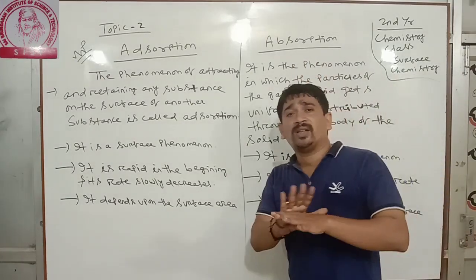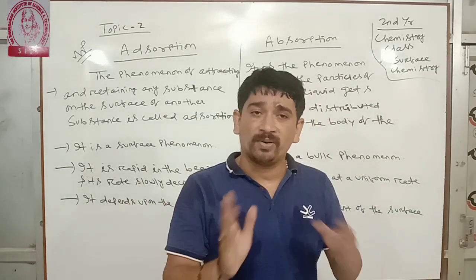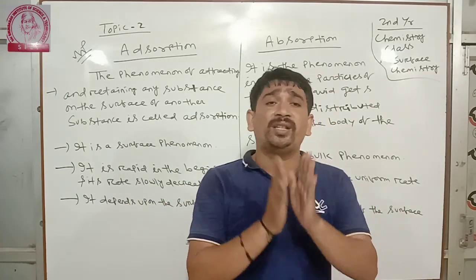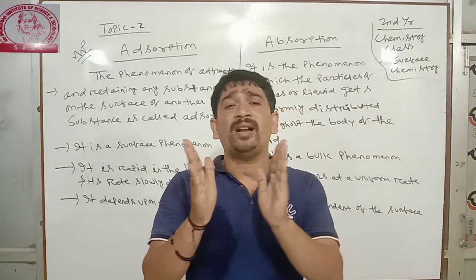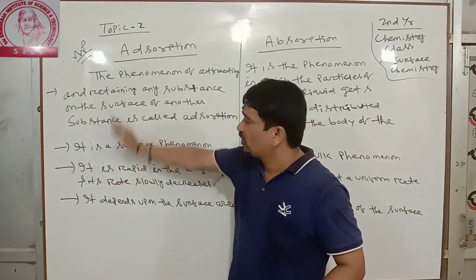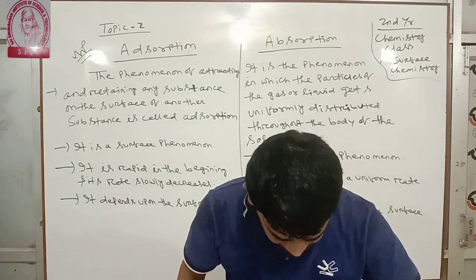It does not depend upon the surface area of the adsorbent. So this is the difference between adsorption and absorption. This is a very important question. So you will write these 4 points, and you will definitely get the marks.